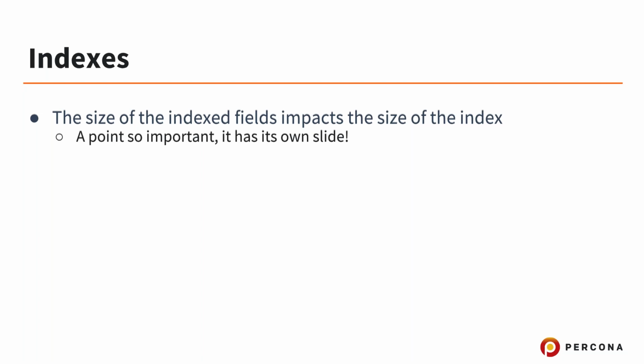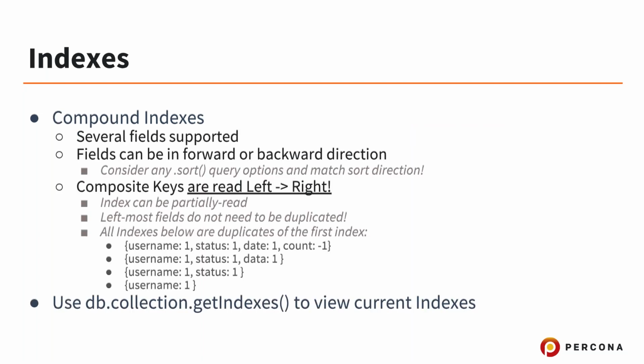Imagine that translates to RAM. So if you have a gigabyte index and you're storing string quoted dates, that gigabyte index could be about half that size, 500 megs or so. It's so important that it has its own slide here. In reality, it just didn't fit on the last one.